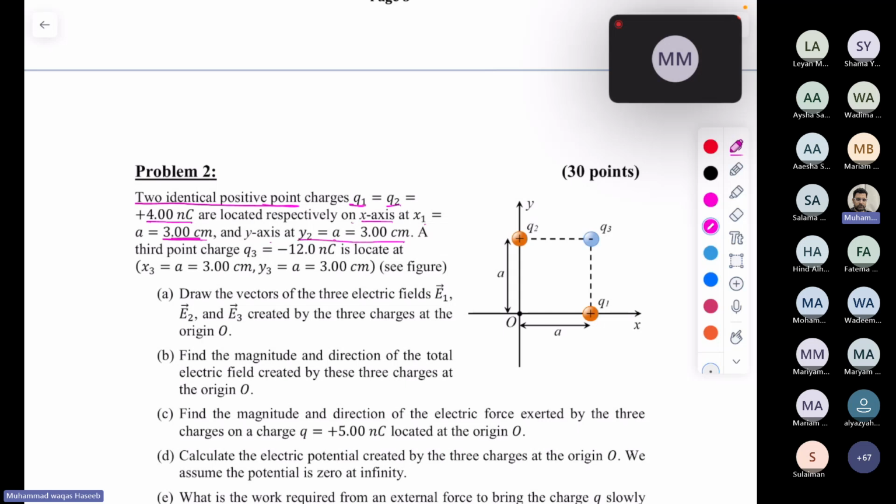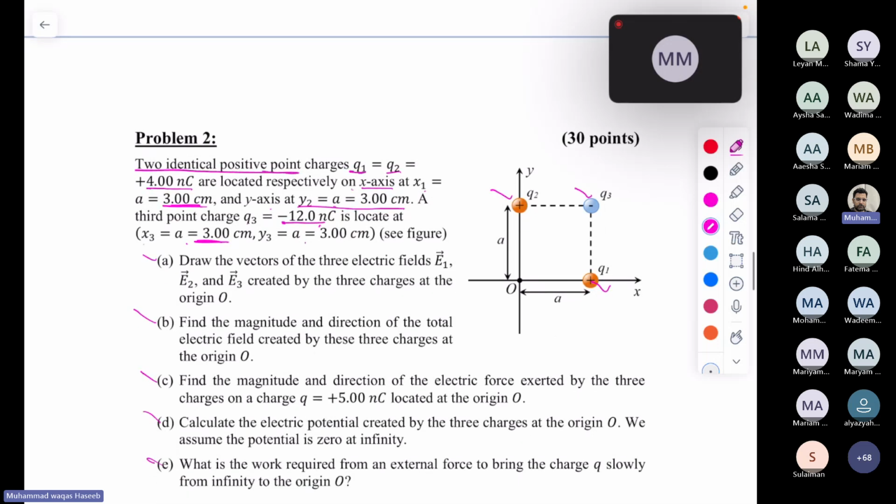So one charge is on the y-axis and one charge on the x-axis. Third point charge Q3 is negative 12 nanocoulomb, located at x equals 3 centimeter and y equals 3 centimeter. So this is the location of the charges. Every option A, B, C, D had a different point scheme.